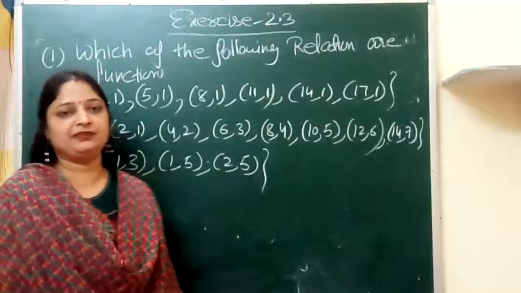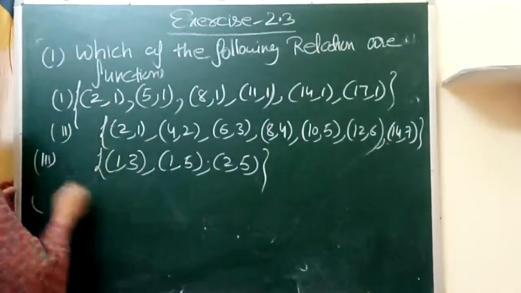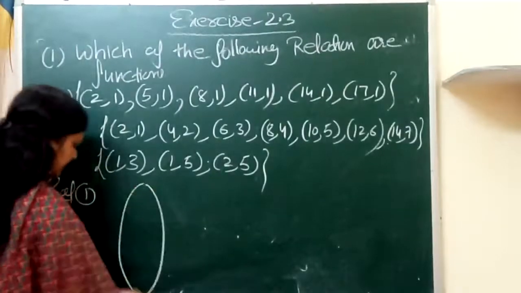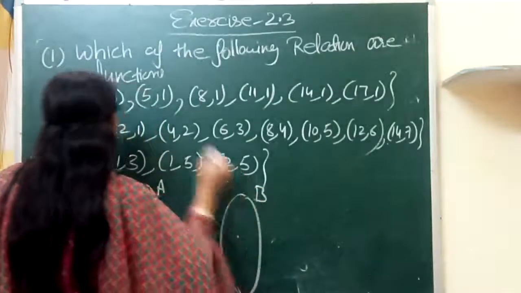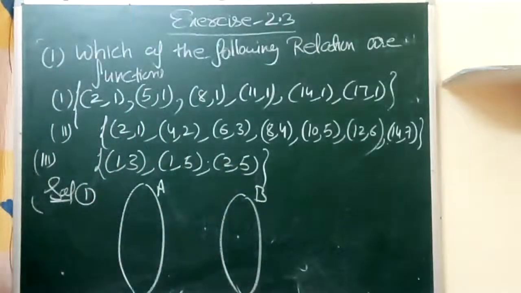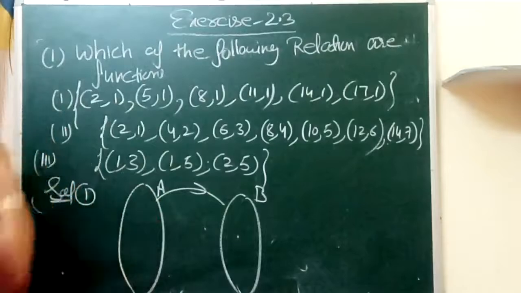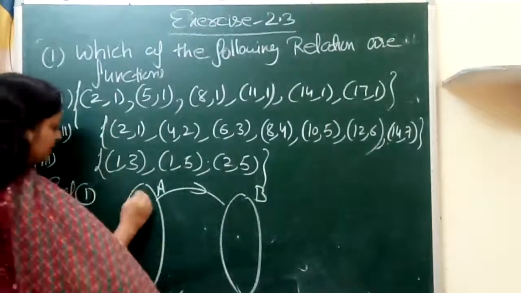Solution of the first part. The set A and the set B. Set A means all the first elements in the ordered pairs, so that is the domain. It will be 2, 5, 8, 11, 14 and 17.